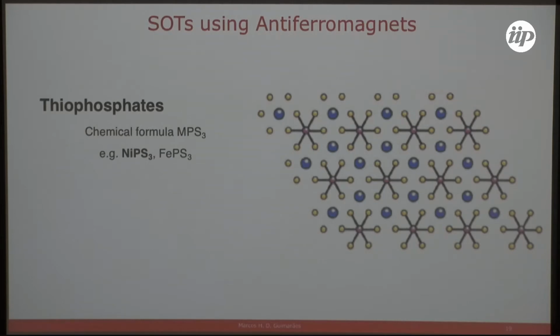And now I switch to antiferromagnets, because then you can tune the symmetries by just changing the temperature. Right? So you go above the transition temperature, you have certain symmetry. When you go below, you break some symmetries because of the antiferromagnetic order.